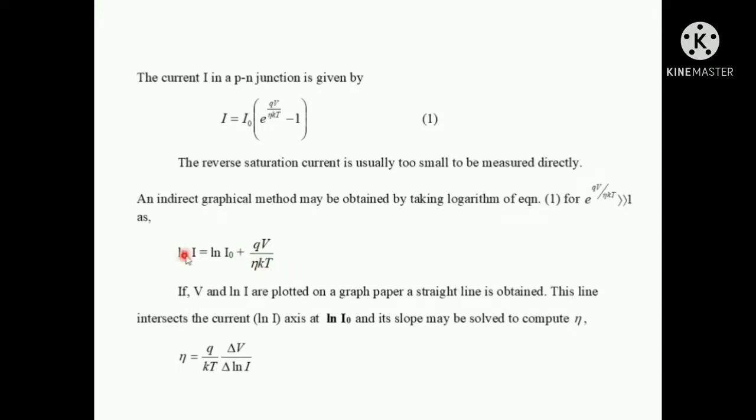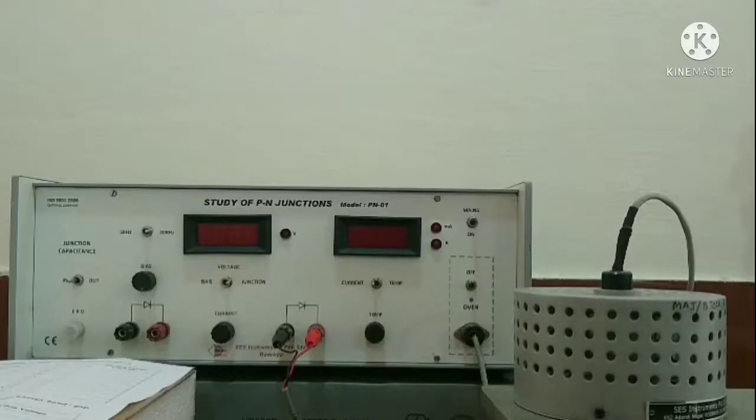So if we draw a graph of ln I versus V, it should be a straight line. Log I naught will be the intercept of the line, whereas q upon eta kT should be the slope of the line. By calculating the slope, we can find out the material constant, and by finding the intercept of the line, we can calculate the reverse saturation current.